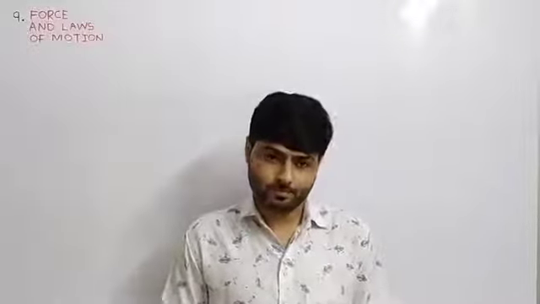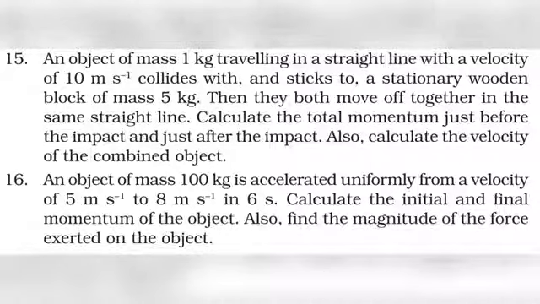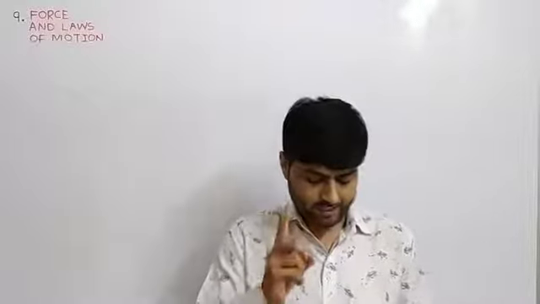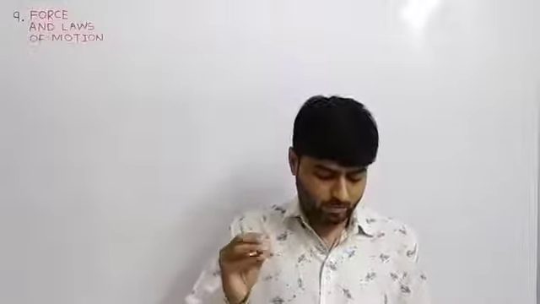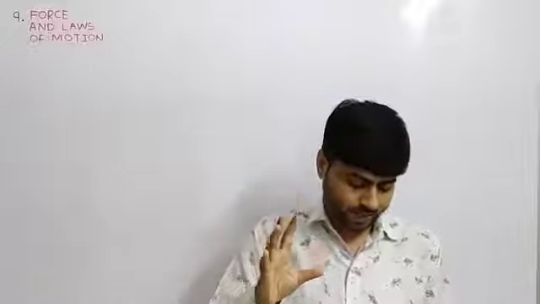Example number 15. I read the data first. An object of mass 1 kg traveling in a straight line with velocity 10 meter per second collides with and sticks to a stationary wooden block of mass 5 kg.